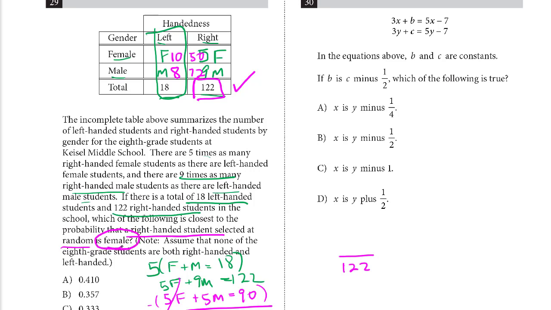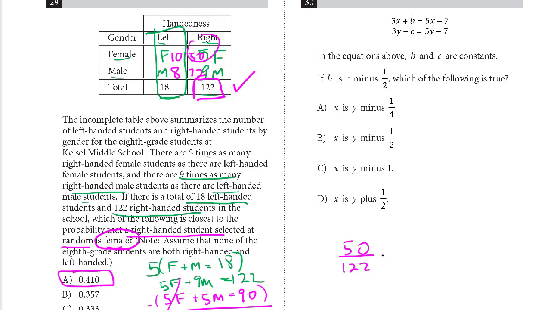That's the condition we want. So the number of female right-handed students is 50 right there. So 50 divided by 122, which is roughly, well, about 20%... it's going to be about 0.4. So it looks like A is going to be the correct answer, 0.41.